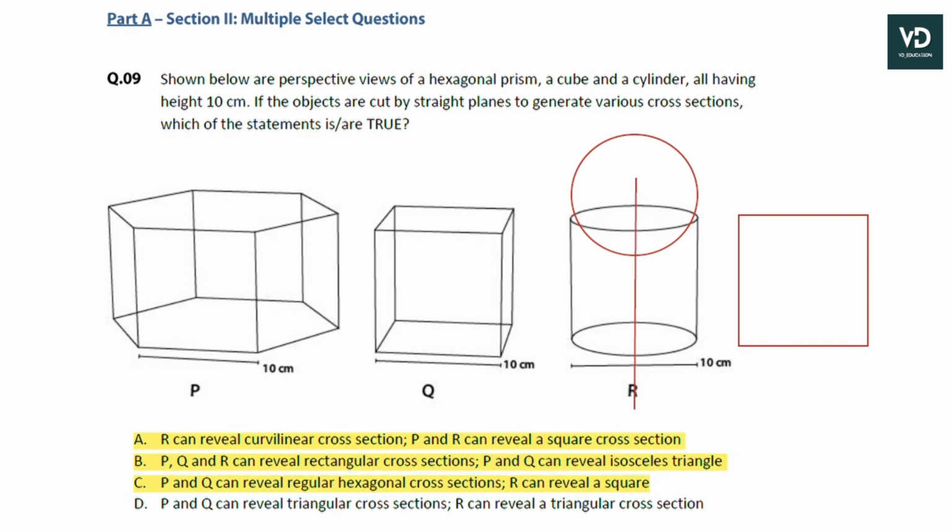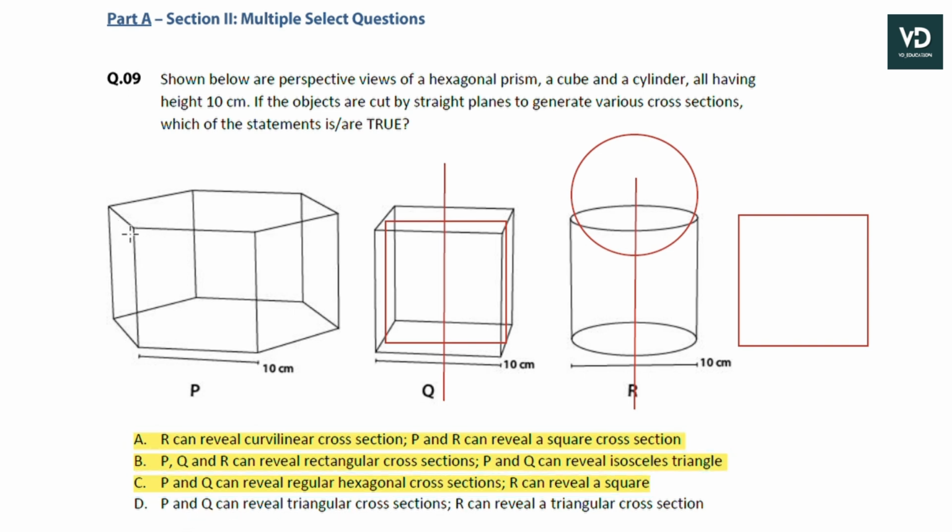Yes, if we cut this cube with a central plane, this will result in a rectangle, like this rectangle. This can result in a square also, and a regular hexagon also. Then P is defined as a regular hexagon.